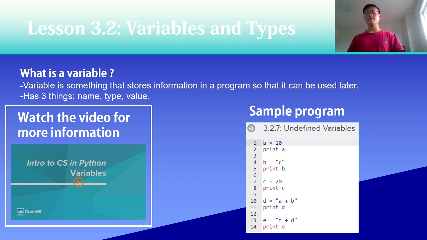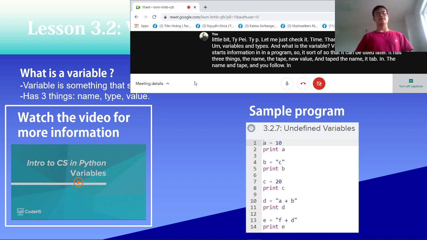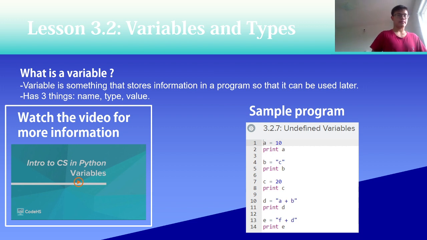So I can show you a sample program. For the name, when you put a name, you're gonna put it in quotation marks. But when you put numbers, you don't have to put any quotation marks on them.